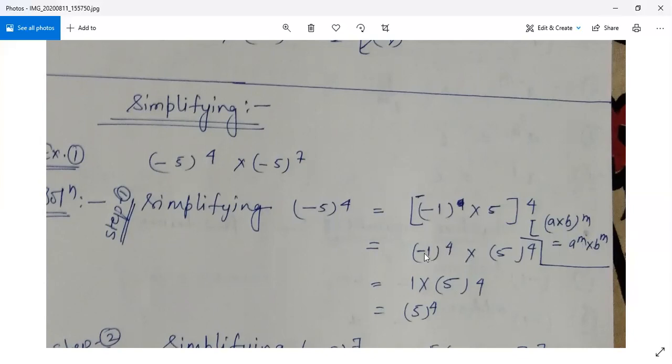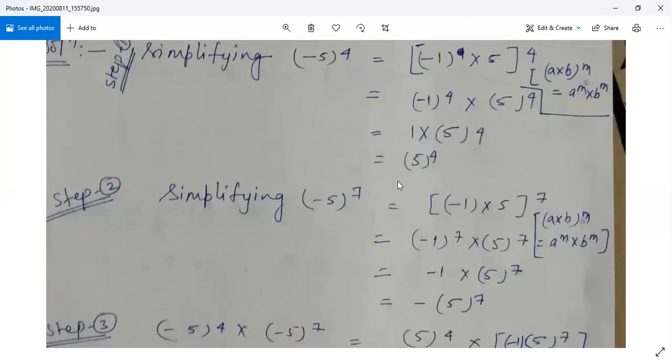See that here -1 has a power 4, that means the power is even. So when you solve this, you will get 1, and 5 to the power 4 will be written as it is.